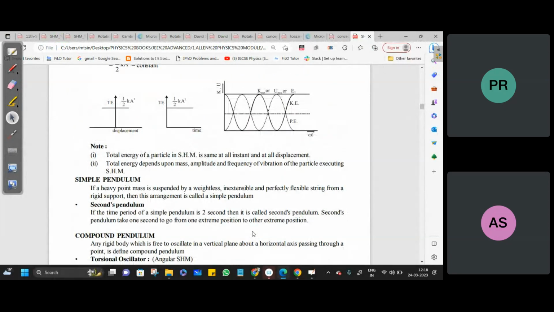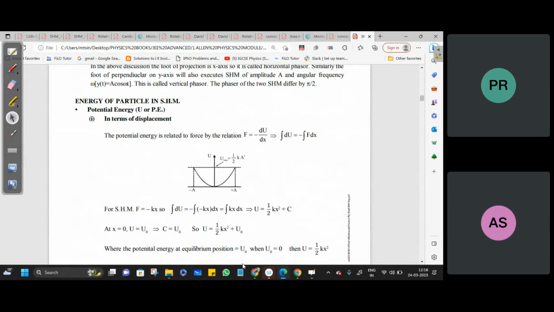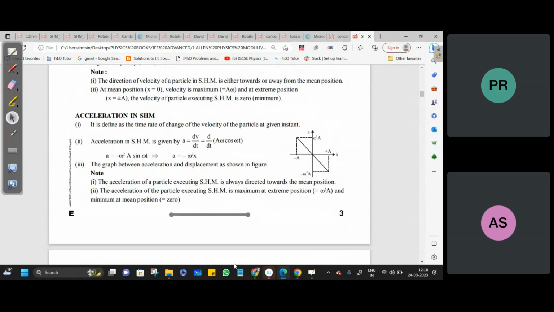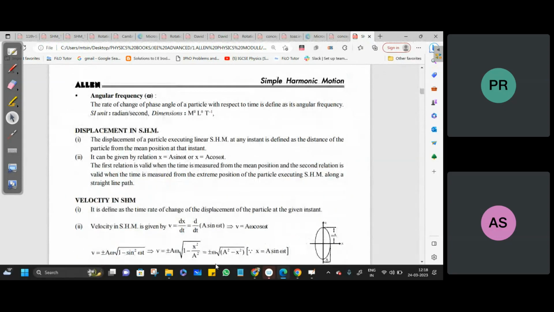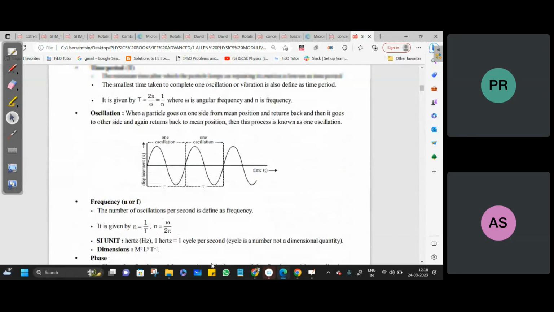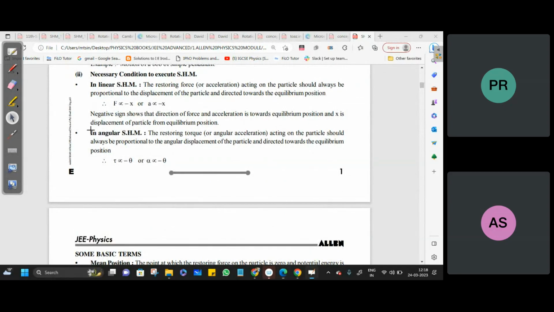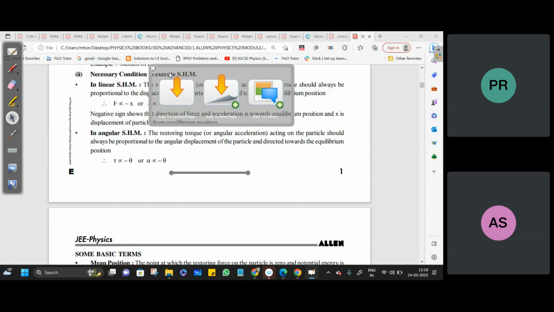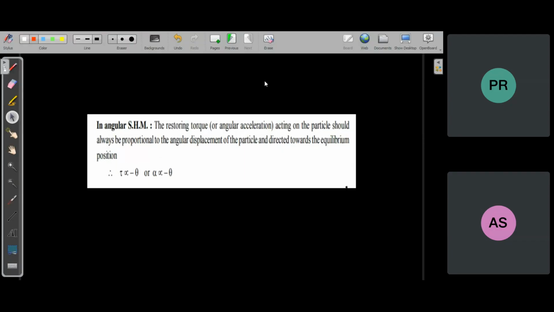In angular SHM, the process is exactly the same here also, but in place of force there will be torque, and you have to prove that torque is directly proportional to the angular displacement. And again here the form will be that alpha is equal to minus omega square theta, from where you will find omega square, and then you will get the time period.